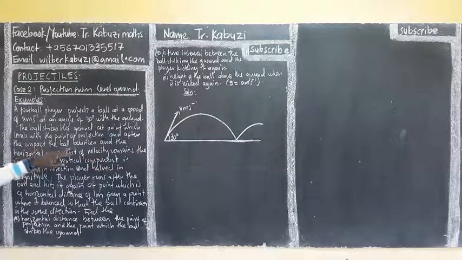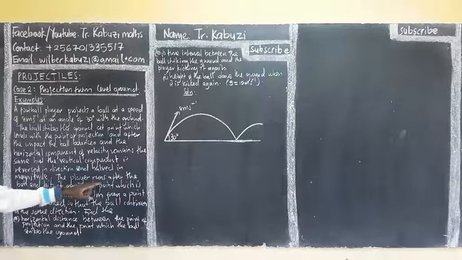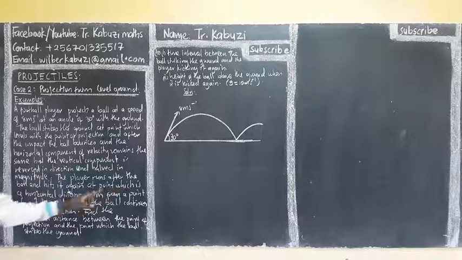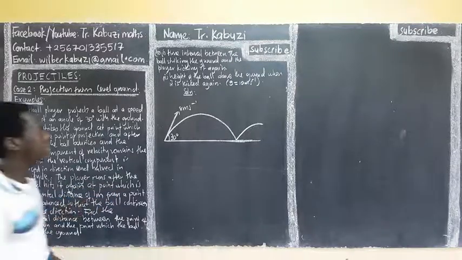And after the impact, the ball bounces and the horizontal component of the velocity remains the same, but the vertical component is reversed in direction and halved in magnitude. The player runs after the ball and hits it again at a point which is a horizontal distance of 1 meter from the point where it bounced.